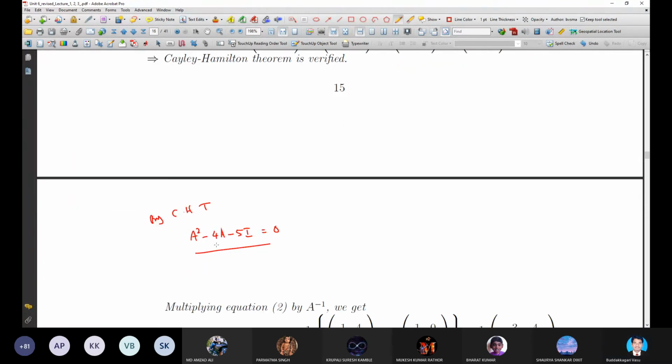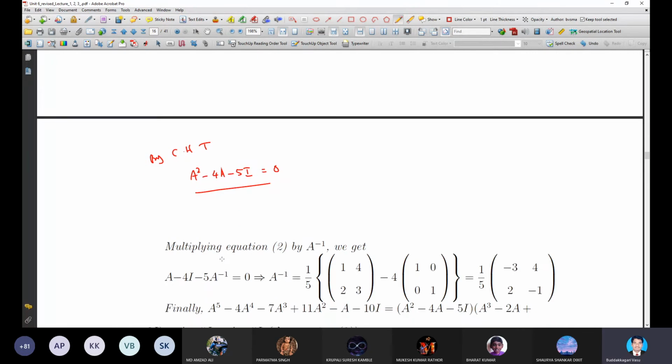Okay. So now we need to find the inverse. First multiply A inverse on both sides of this equation. It gives you A minus 4I minus 5 into A inverse is equal to 0.